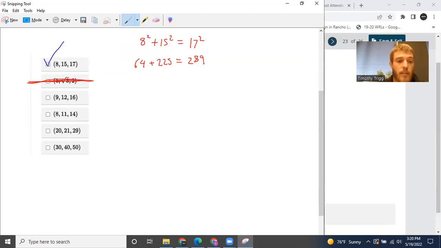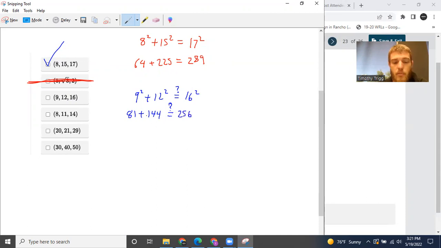Then check the next one down: 9, 12, and 16. So I would check 9 squared plus 12 squared, and I want to see, does this equal 16 squared? Well, 9 squared is 81. 12 squared is 12 times 12, that's 144. I don't know if these are equal, so I'll put a little question mark here. 16 squared, I think that's 256.